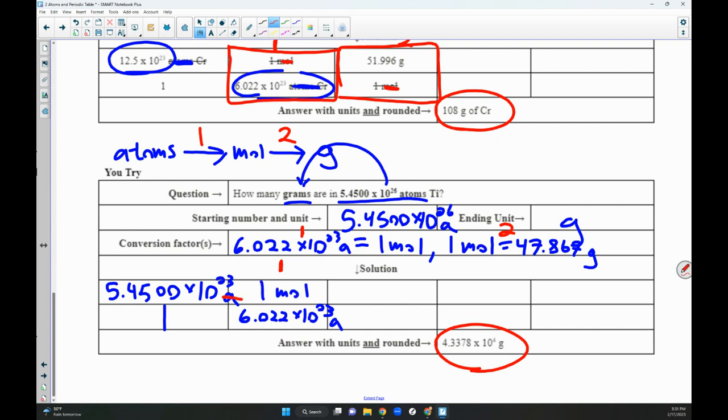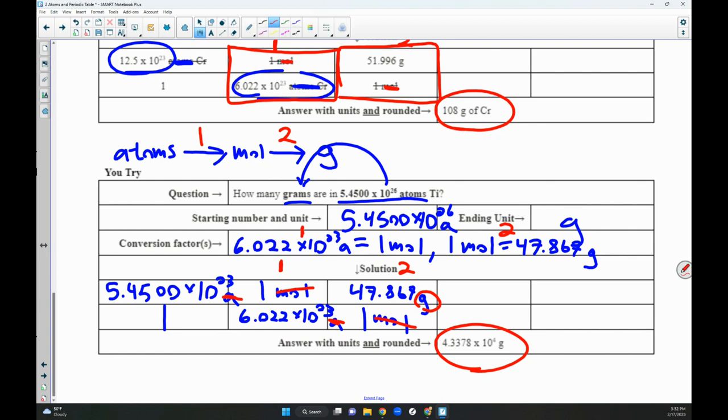That allows me, again, to cancel out A for atoms here. Now I'm going to put my second conversion factor right here. I'm going to put moles on the bottom, and I'm going to put 47.867 grams on top. That allows me to cancel moles out and leaves me in units of grams.